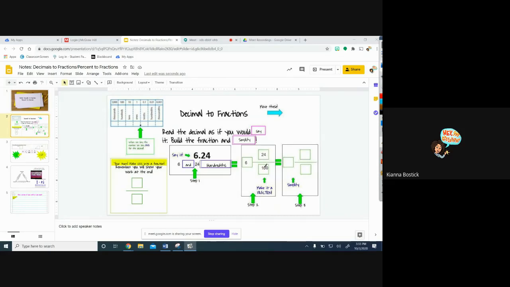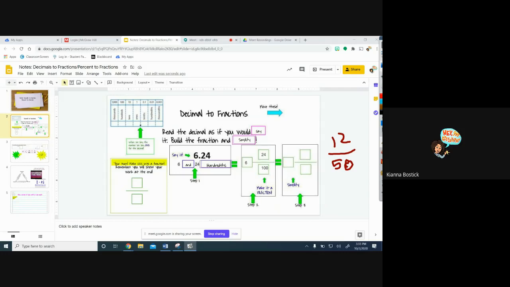So I'm going to divide by 2, because I know that 24 and 100 are even, so you can easily divide them in half. I'm leaving the whole number the same and looking at the fraction. I know 24 divided by 2 is 12, and I know 100 divided by 2 is 50.